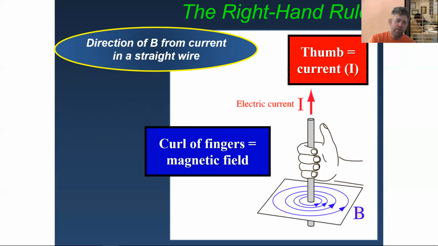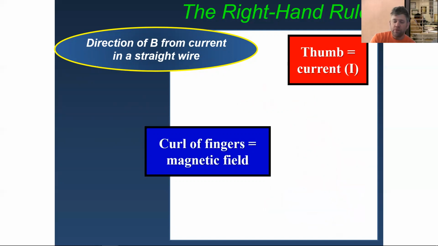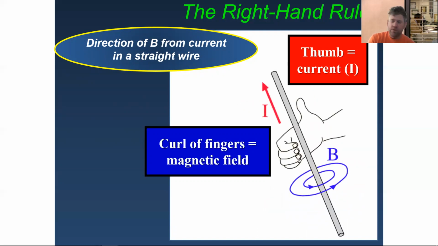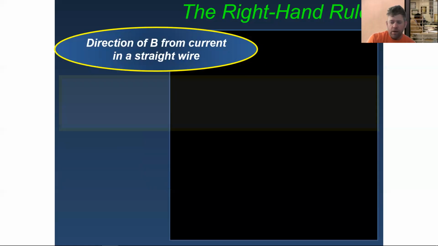When we're real, real close, it's going to be pretty strong. As we get further and further away, we start to use that inverse square, and we start to lose some of that strength. Okay. If we twist it a little bit, so instead of being up, it's over a little bit, we can see that thing's going to rotate as well around that same side.